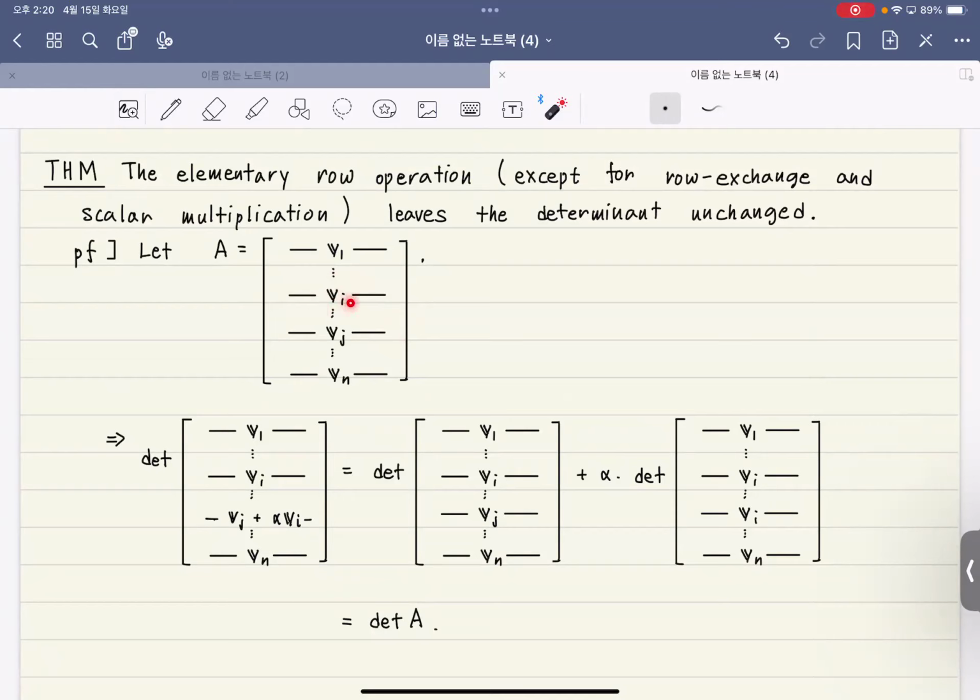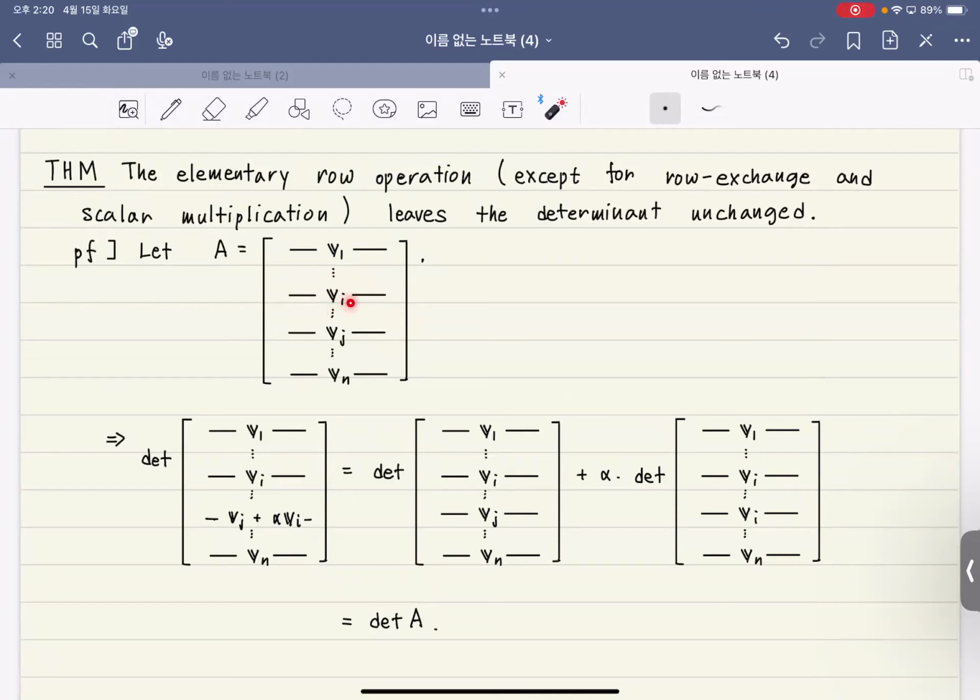I guess this theorem is the most important theorem for today's lecture. It gives us four important properties of the determinant. Let me read them one by one. Number 1: the determinant of a triangular matrix is the product of the diagonal entries.